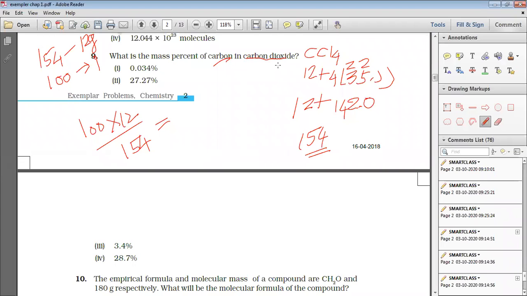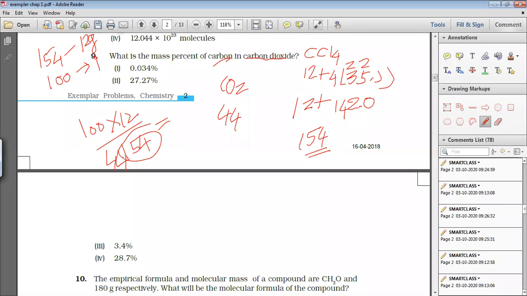Sorry, my dear students, I made a mistake here. It is actually carbon dioxide. So if we think of carbon dioxide, the mass of carbon dioxide, this is CO2, is 44. So instead of 154, we just need to take 44.